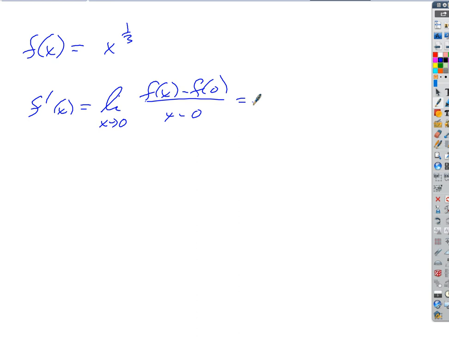So what's f of x? What's f of 0? Zero, right? Over x minus 0. As x approaches 0, what do we get? So x to the 1/3 over x is equal to what?